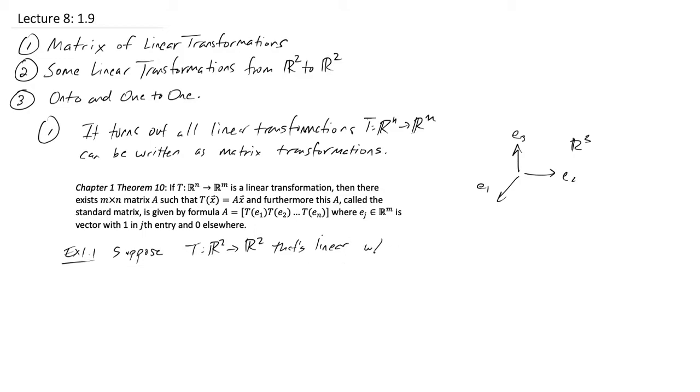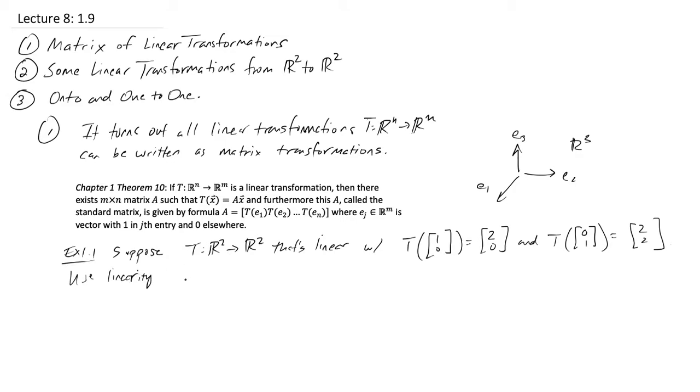And furthermore, we know that the transformation of (1, 0) is (2, 0), and the transformation of (0, 1) is (2, 2). So use linearity, the definition of what it means to be linear, to justify theorem 1.10.